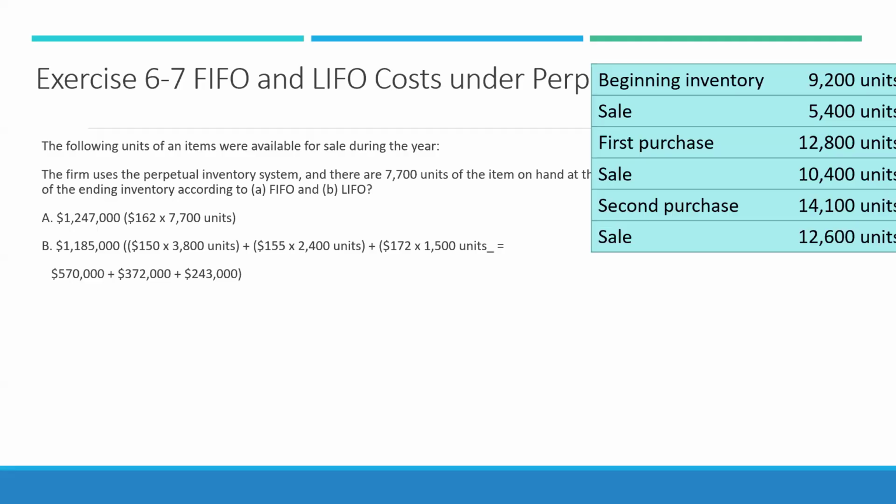Under LIFO, we have to actually go through and compute what buckets of inventory are left. So our beginning inventory, we had 9,200 units, then we sold 5,400 of them.